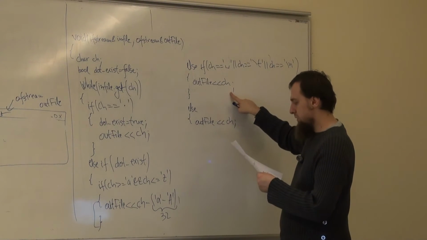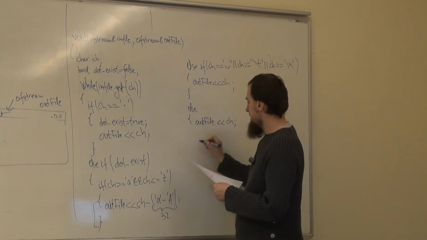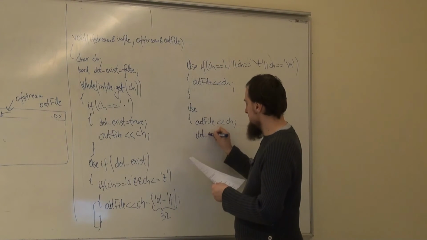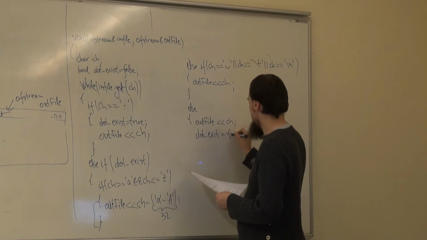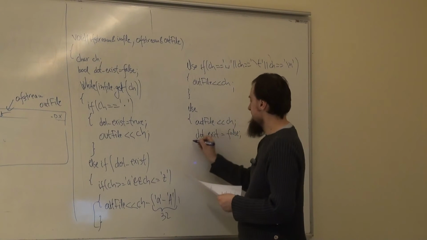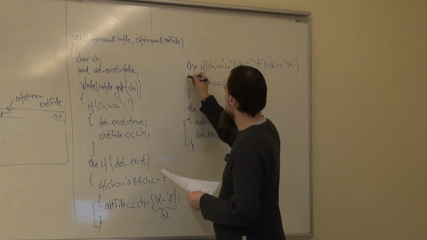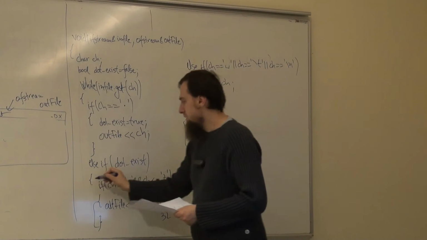We have dealt with this one. And the dot exists becomes 0. I mean, false. This is it. This is for this else.